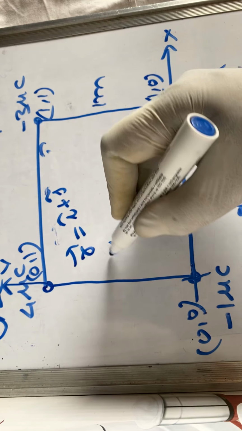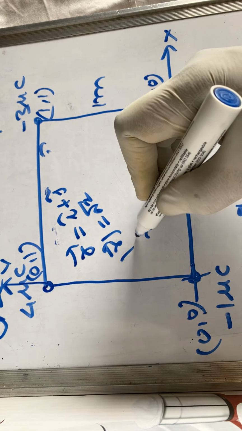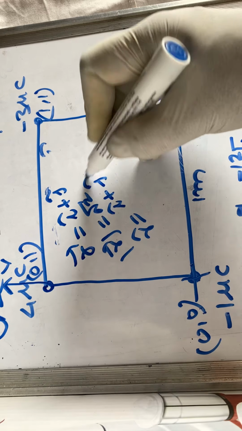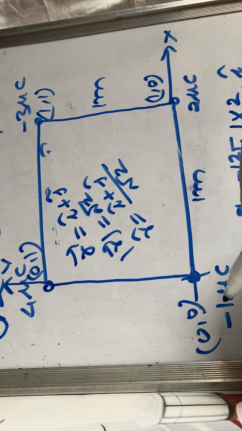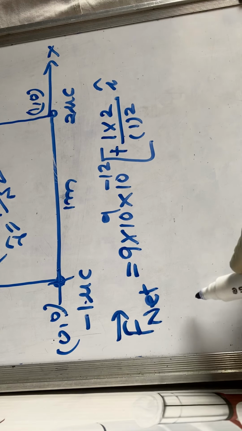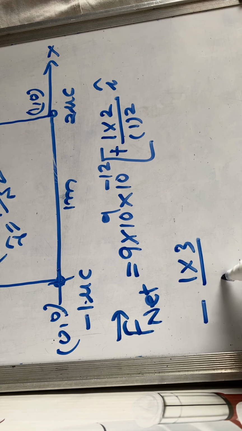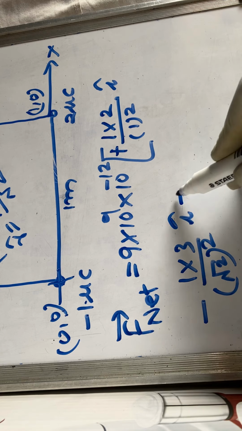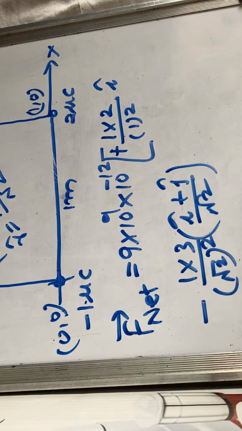Its magnitude would be root 2, and its unit vector would be the vector upon magnitude, that's i cap plus j cap upon root 2. And the force between -1 and -3 would be repulsive. So straight away we'll write minus sign, 1 into 3 upon the distance square, that's root 2 square. The unit vector comes out to be i plus j upon root 2. That's it.